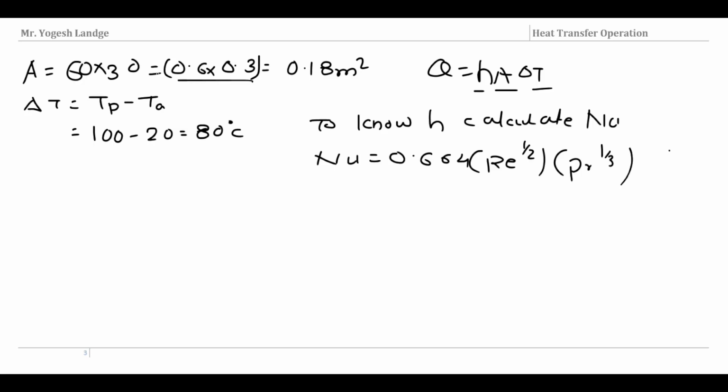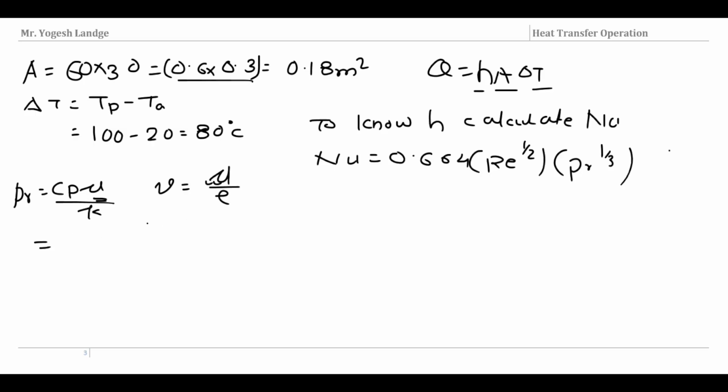First we try to calculate the Prandtl number because that is not known to me. The Prandtl number is Cp mu by K. I again repeat the mu calculation: nu is equal to mu divided by rho. Here we put the Cp value, which is mentioned as 0.024.